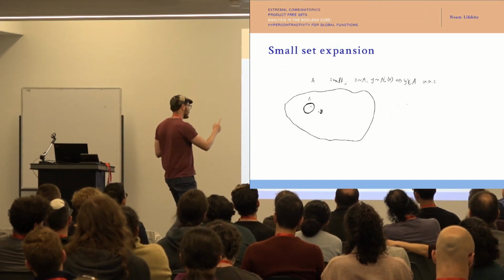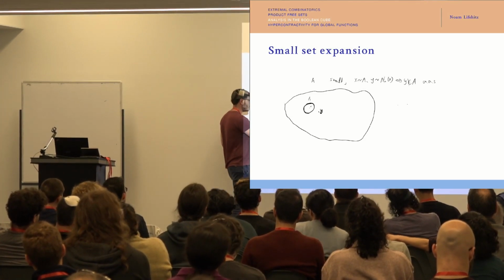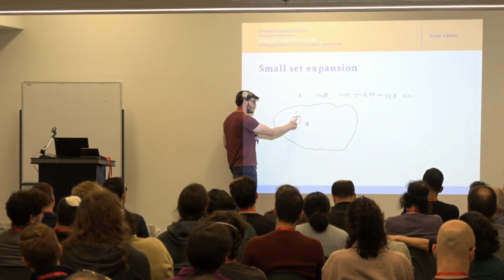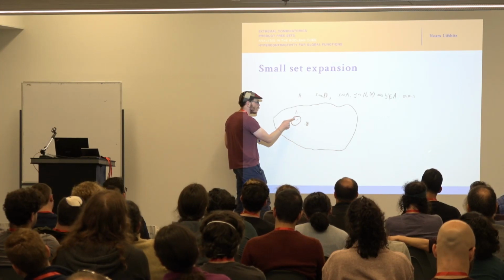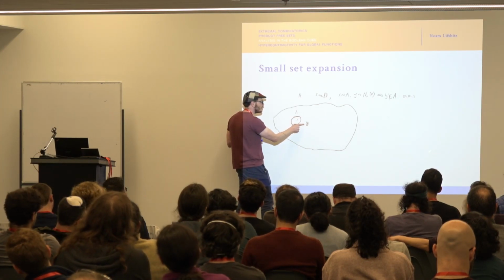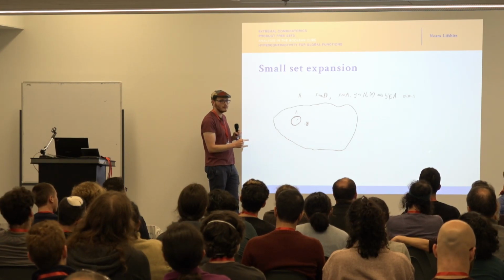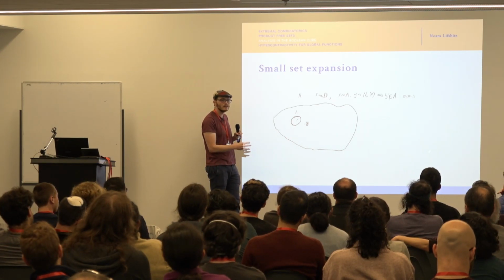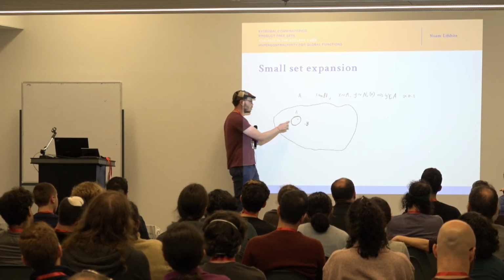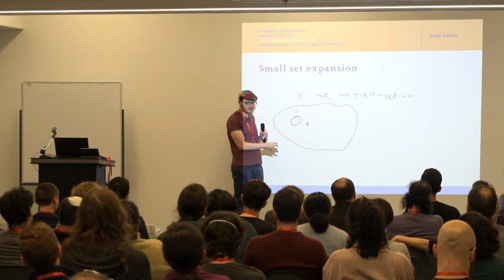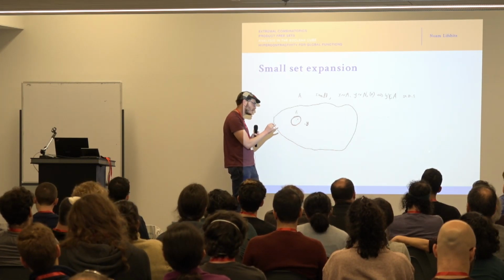So small set expansion tells you that if you take a small set and you take a random element of the set and you take one step of the random walk, then you are going to leave the set with high probability. So for every small set, most of its elements are near the boundary.